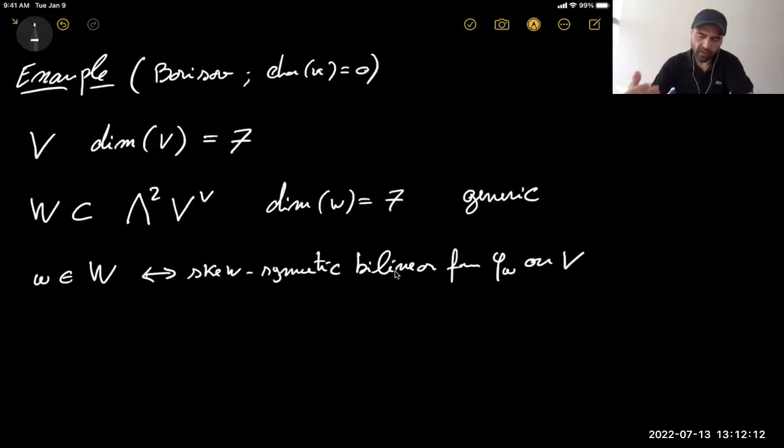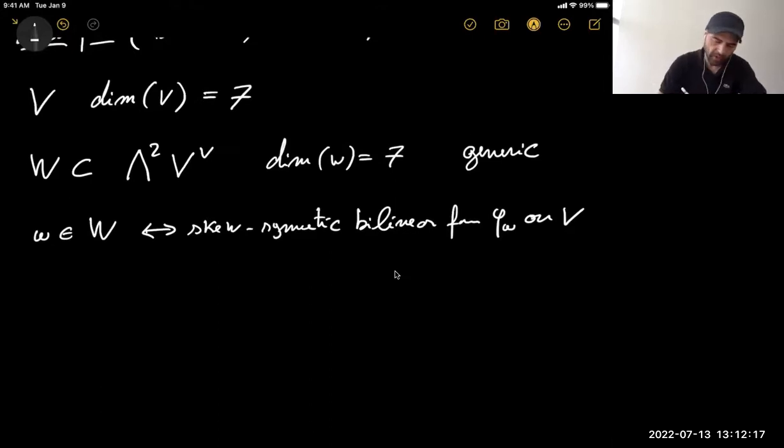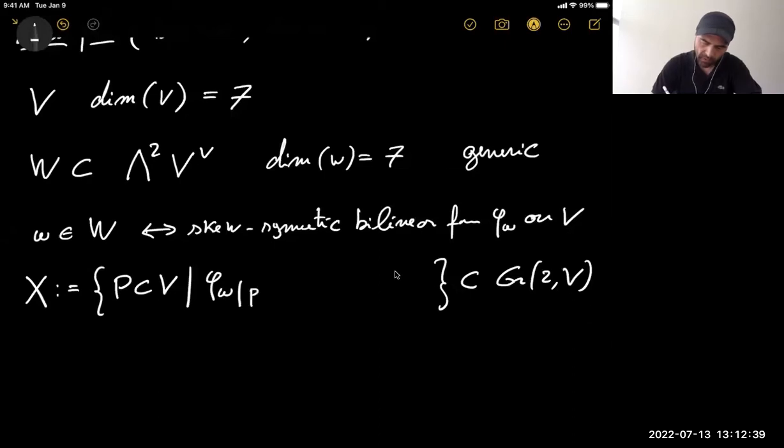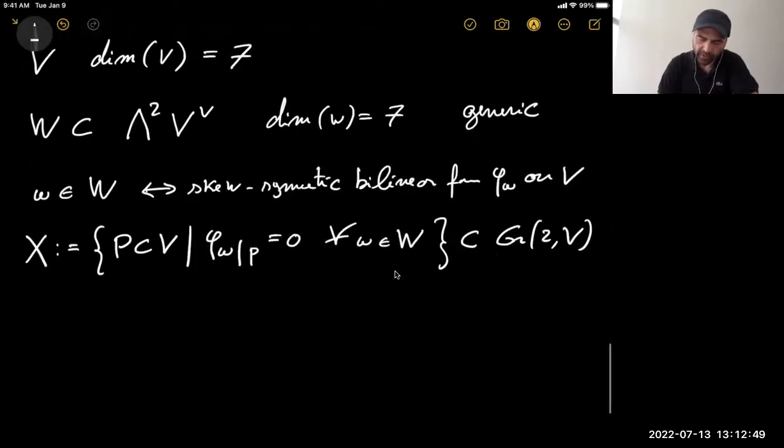Given this generic choice of linear subspace, we can build two algebraic varieties. The X sits inside the Grassmannian of planes in V. We consider those planes P inside V with the property that when you look at this skew-symmetric bilinear form and restrict it to P, it vanishes, and you want this to vanish for all elements in capital W. You define in this way a closed subvariety inside the Grassmannian.